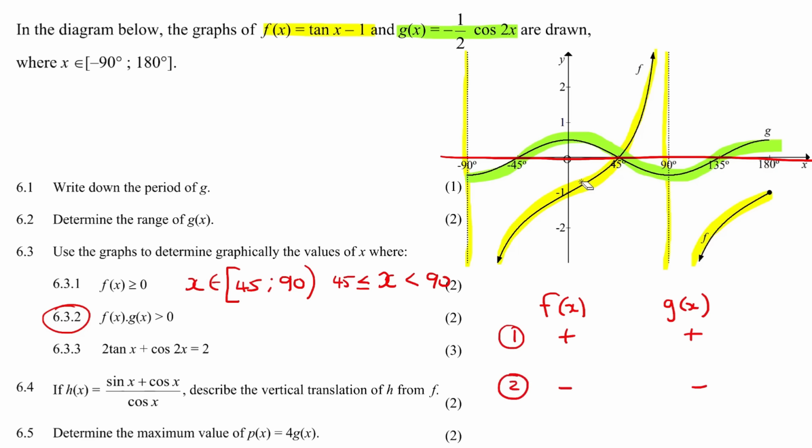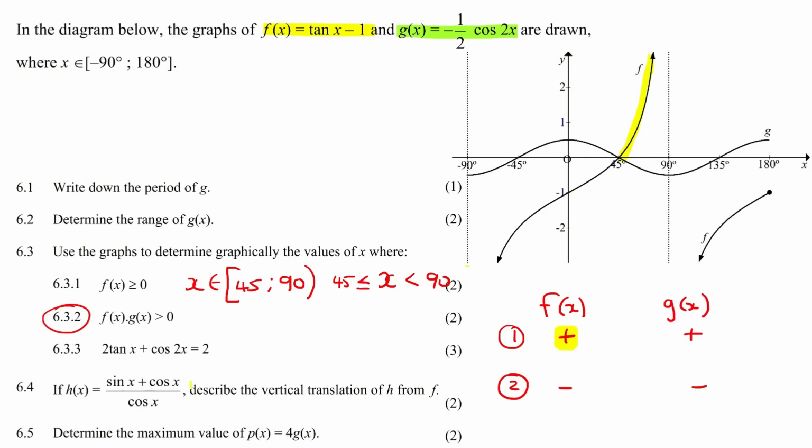So let's go investigate scenario 1 now. In scenario 1, f must be positive. That means above the x-axis. So that is only over there.